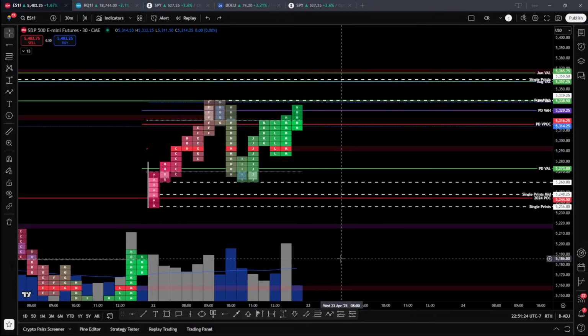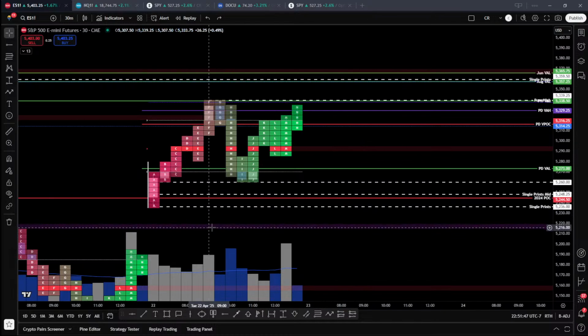For me, the correct verbiage is important because with minimal words, I know what you're talking about. If you tell me single prints, I know we're talking about TPO. If you tell me strong low, then I know we're talking about the regular trading session as it's developing. So if everybody's using the same words, it gets easier to understand what we're all saying, if that makes sense.